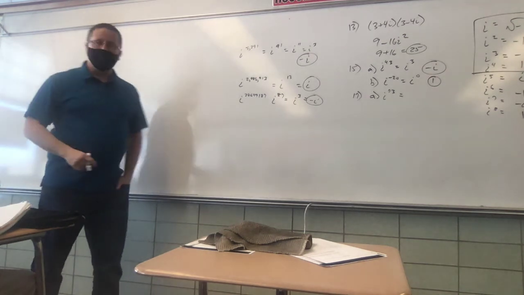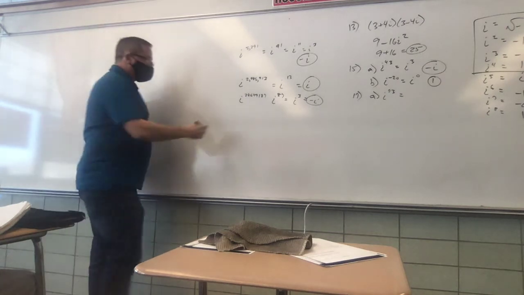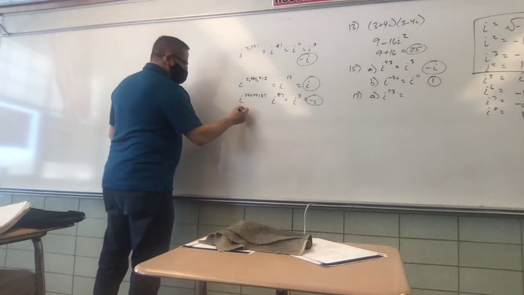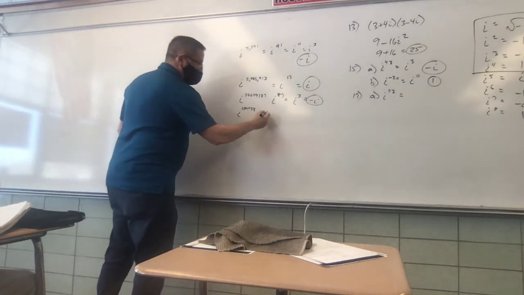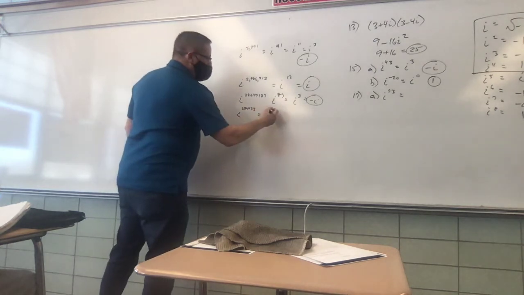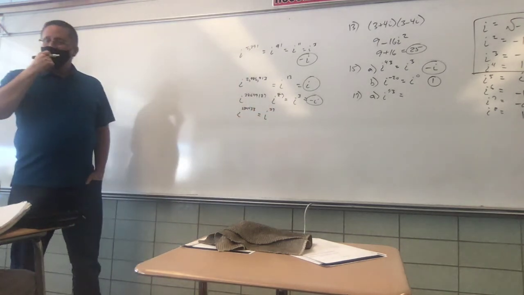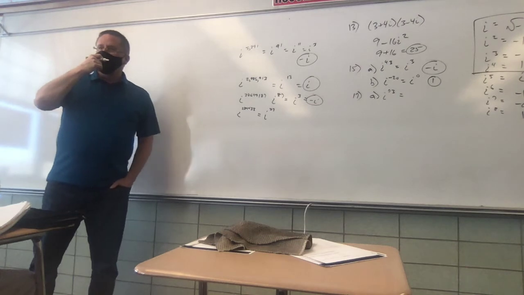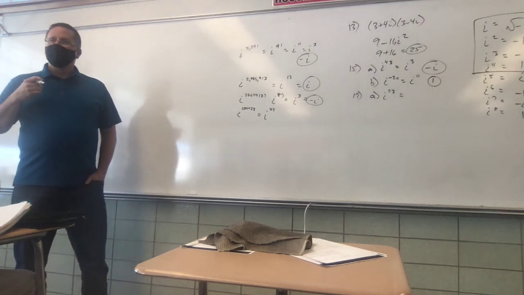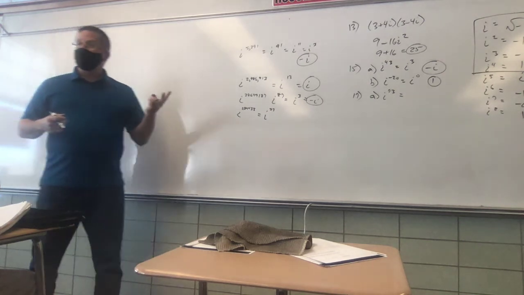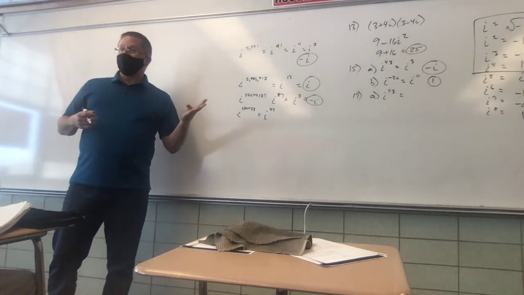Let's try one more. You're on the spot. Look at the last 2 digits. i to the 289,433. So that's the same as i to what power, Alexis? 33. Give me a number that you know 4 goes into that's close to 33. Well, let's count by 4. It's 4, 8, 12, 16.